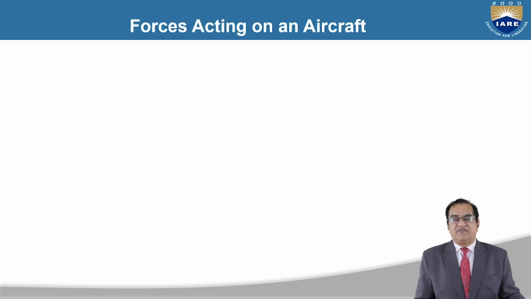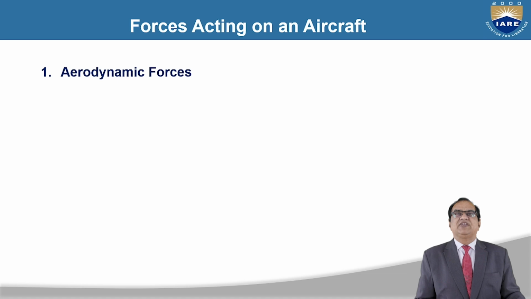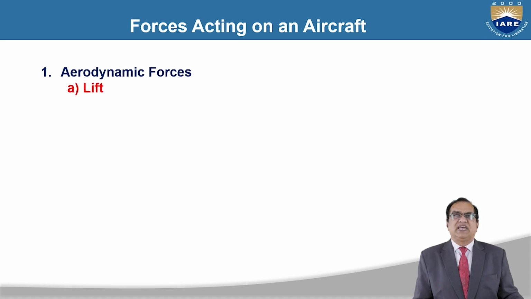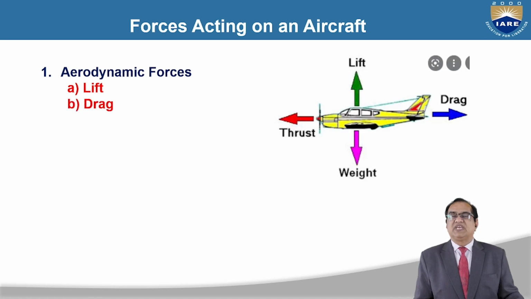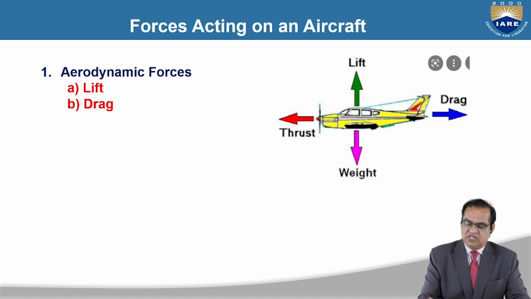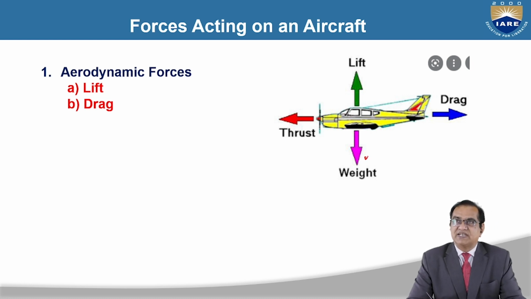Forces acting on the aircraft. Before we start, we should understand what the forces are. We can divide forces into two groups. One is aerodynamic forces, that is the lift and the drag. In this diagram, the vertical forces are the weight, and this weight has to be countered by the lift. Then we have to generate the velocity of this aircraft to take off, so a drag will be generated.